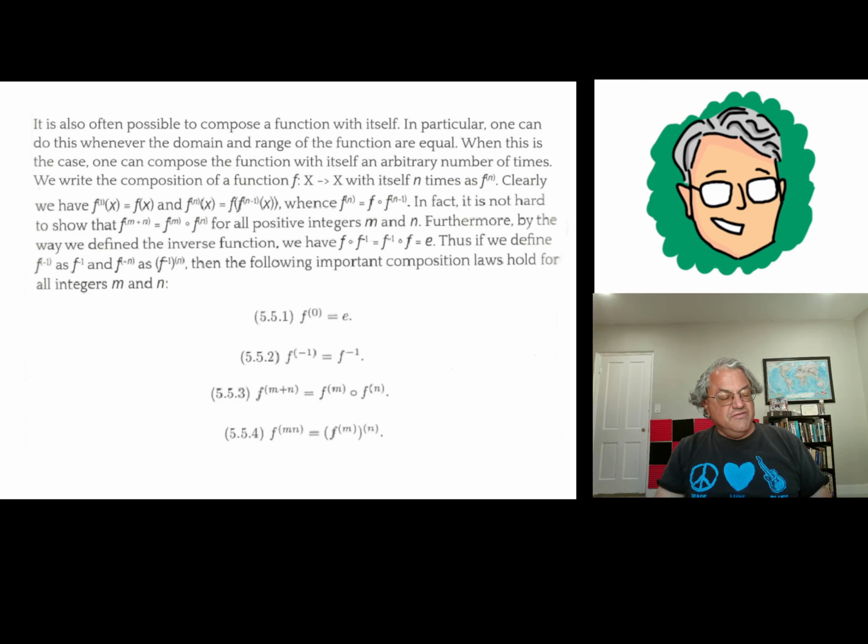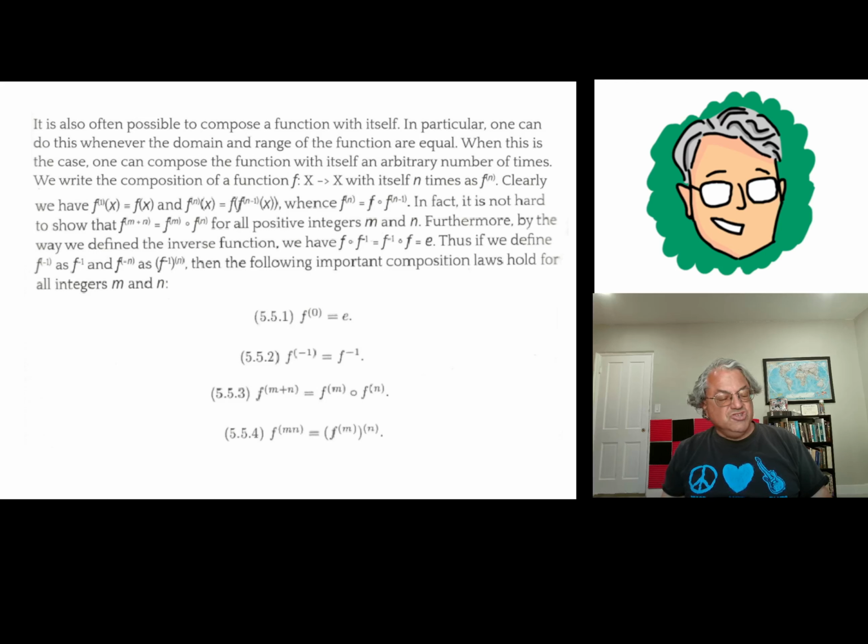For instance, f superscript 1 in parentheses of x is not very interesting. That just means we're composing it once. That's just f of x. If you applied it twice, that would be f superscript 2 of x, which is f of f of x. F superscript 3 of x would be f of f of f of x.